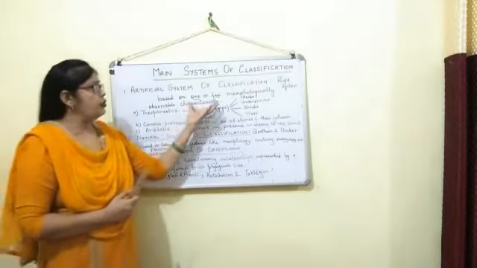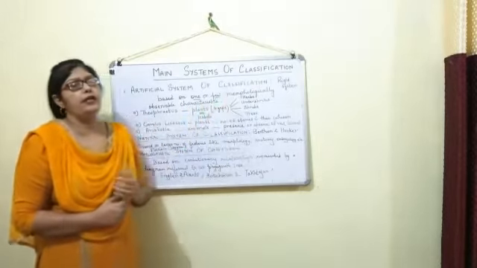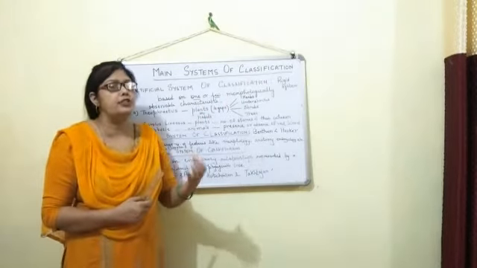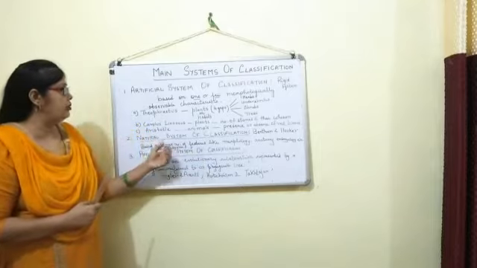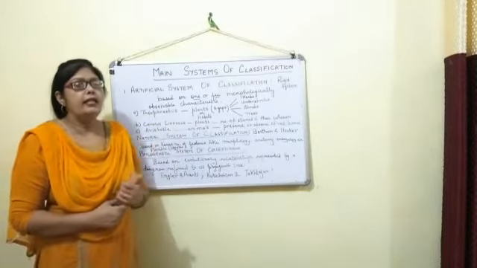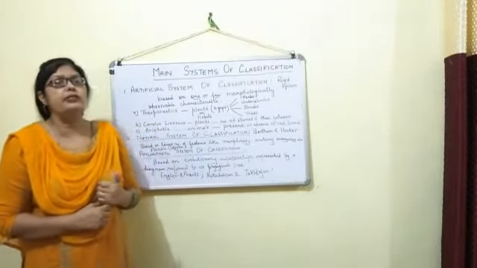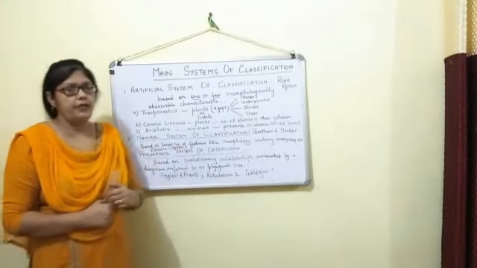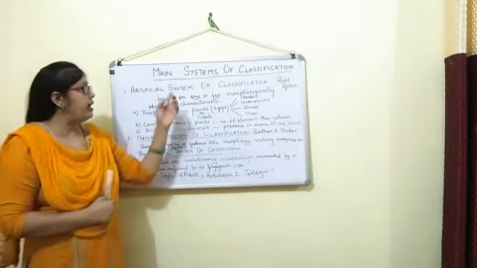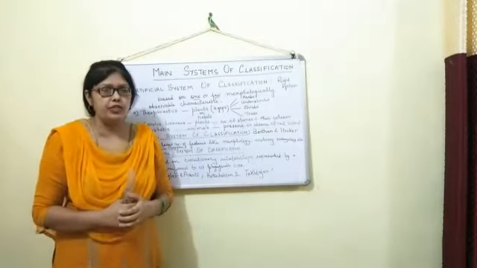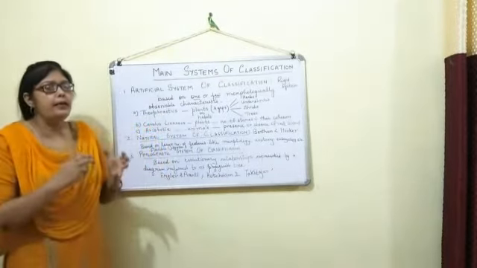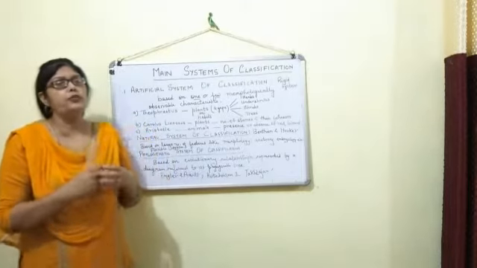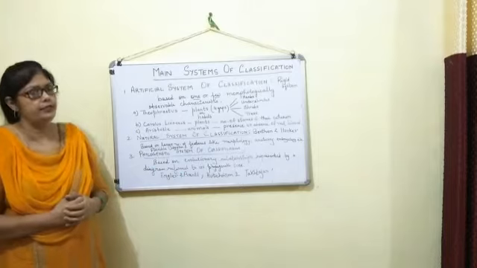So this was a very rigid system of classification, and it was not accepted, thus rejected, and a new system of classification was followed, that is known as the natural system of classification. This system of classification, unlike the artificial system of classification, utilized a large number of morphologically observable characters of organisms.